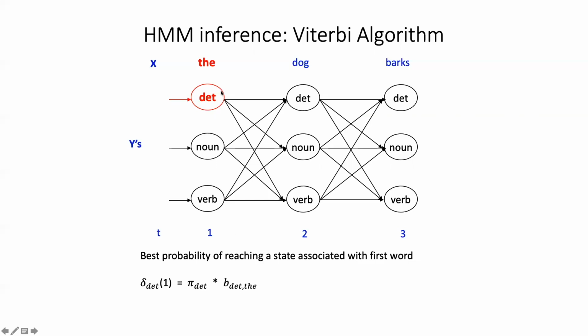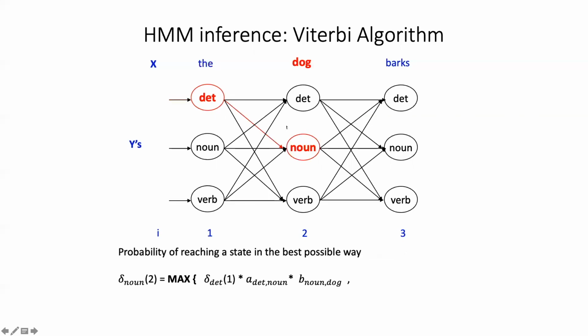And in order to compute the path, we have to multiply with the transition probability, and then reaching the state noun and emitting the symbol dog, which is indicated by the emission probability b noun comma dog. This is the first term, and we have to compute all possible paths.